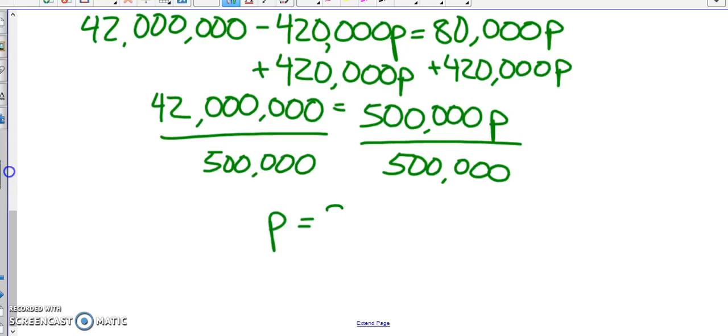So P happens to be equal to 84. So that'd be 84% of the pollutants in the smokestack can be removed for $420,000.